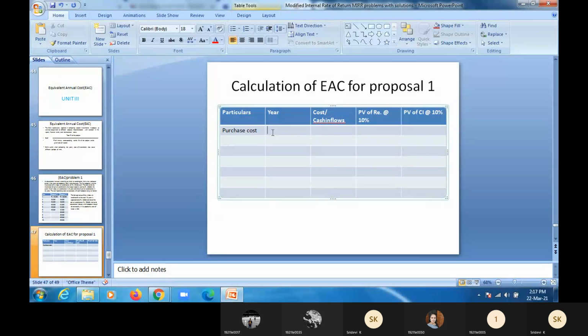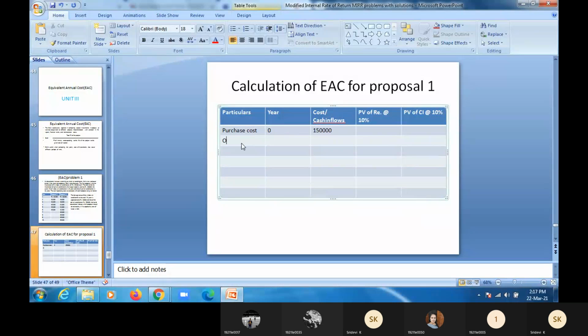And how many window air conditioners they are going to install is 6 window air conditioners. Means 6 into 25. How much it is? This is 0 year you are installing. 6 into 25, you will get 1,50,000. Okay.